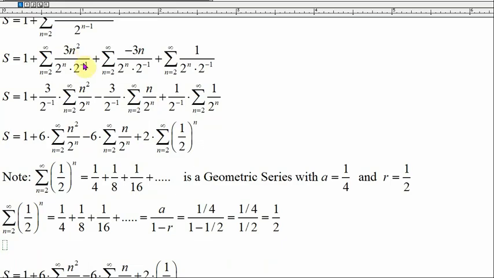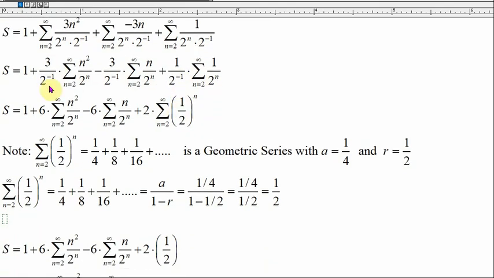This is 3 divided by 2 to the negative 1, minus 3 divided by 2 to the negative 1, and then 1 divided by 2 to the negative 1. This would be 6, this would be 6, and this would be 2.